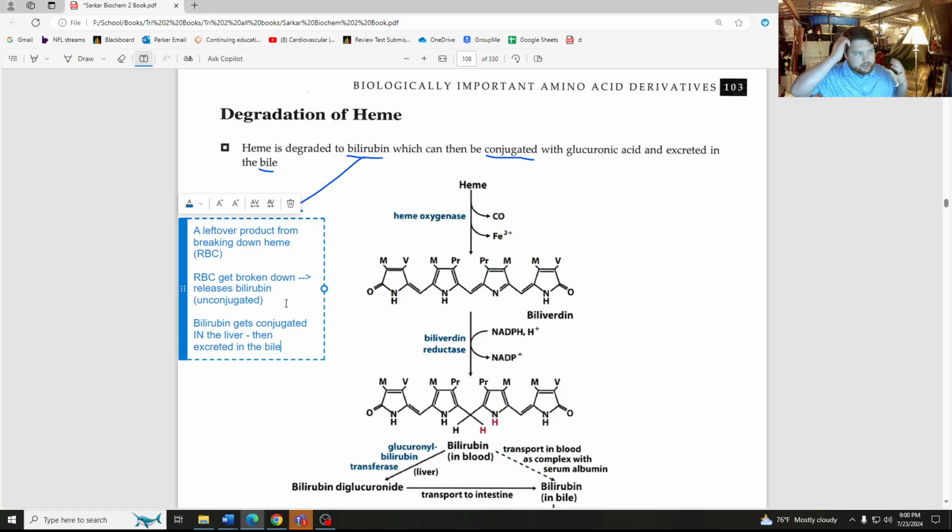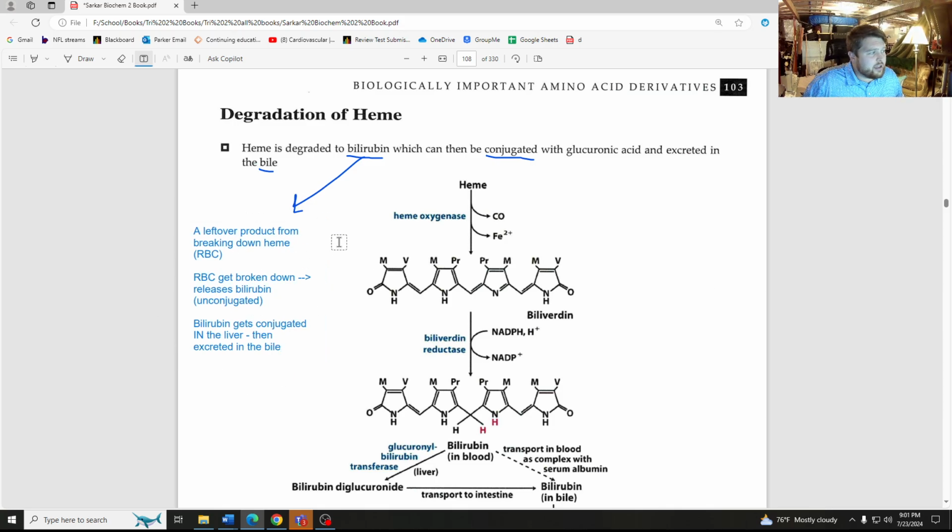Because remember that within the liver, we're kind of producing the bile, and it's going down into the gallbladder and then held in the gallbladder, which then releases it into the small intestine in order to digest stuff.